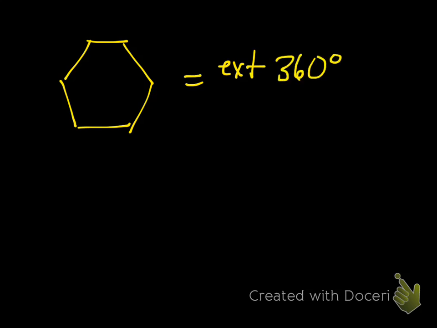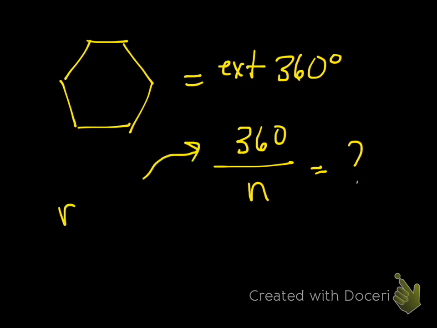If I want to know how much each one is, all I'm going to do is take 360 and divide it by the number of sides, and that's going to tell me what one exterior angle is. Okay, now this only works if you're doing regular polygons. Because if they're not regular, then they're not going to be divided equally.